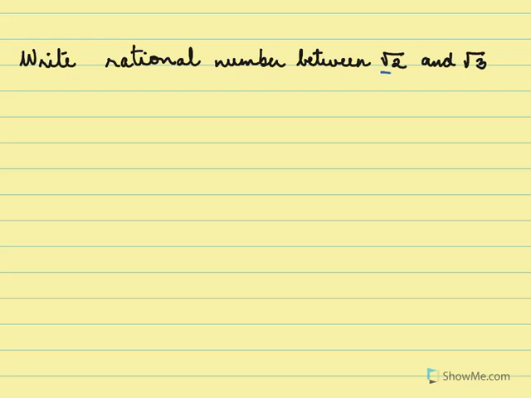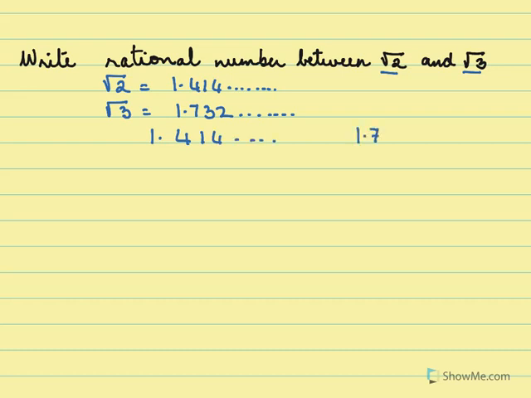Write a rational number between root 2 and root 3. Now root 2 is 1.414 and it goes on non-terminating, non-repeating. And root 3 is 1.732, non-terminating, non-repeating. So I need to find a number between 1.414 and 1.732.